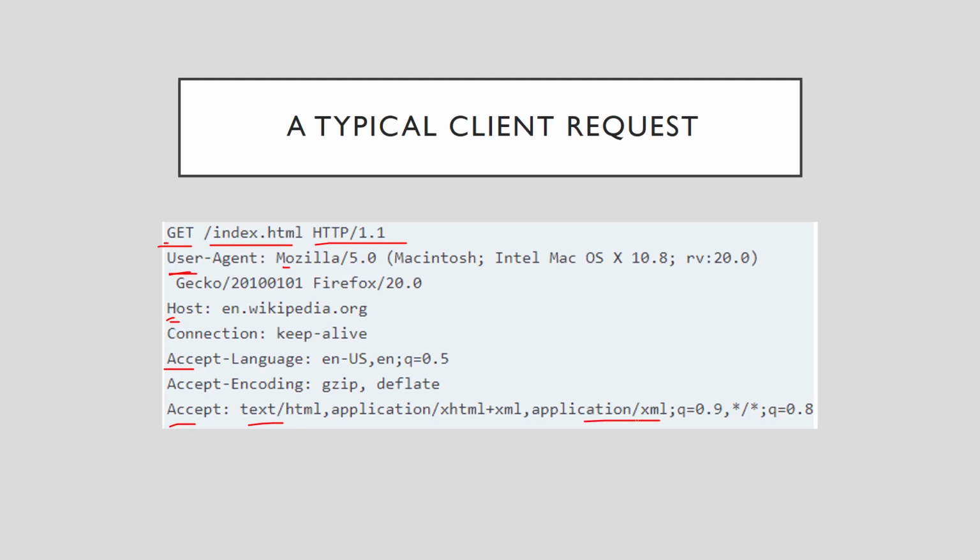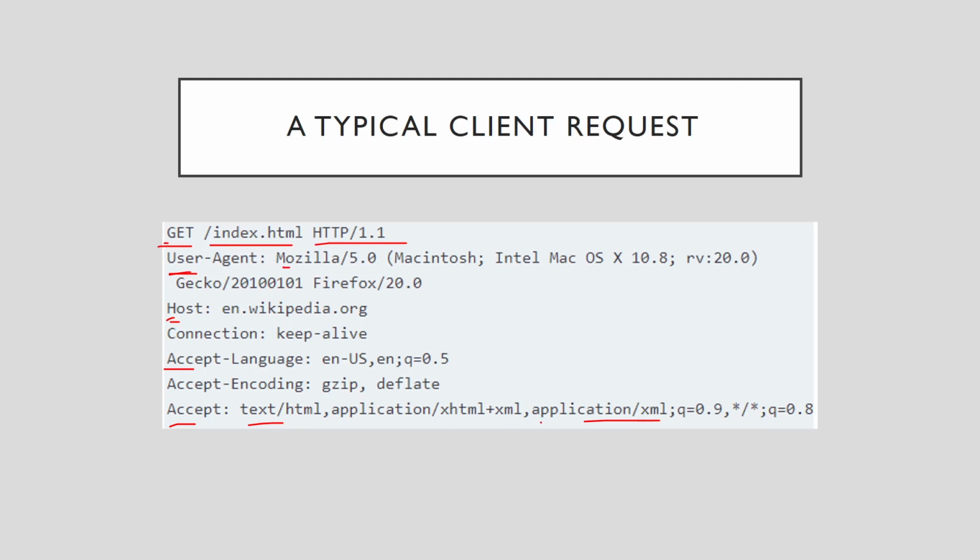Other accept keywords are like HTML documents, plain text, and JPEG and GIF images.